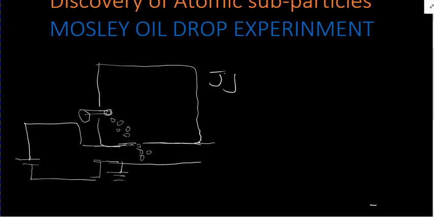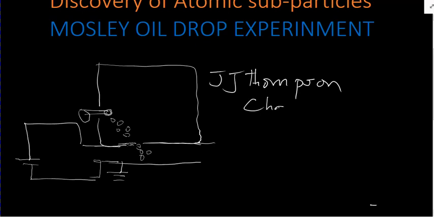Still on the discovery of subatomic particles, we talked about J.J. Thomson's discovery of the electron using the gas discharge tube, or cathode ray tube. We also discovered that J.J. Thomson was not able to get the actual mass of the electron.